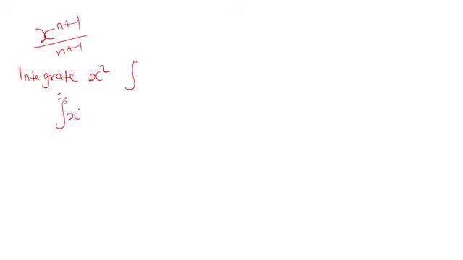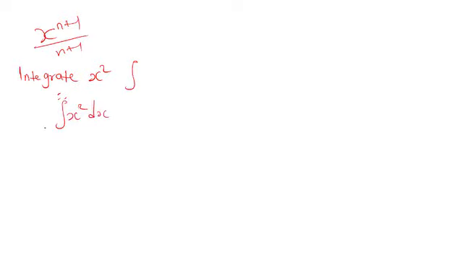So I would like us to apply it. Remember, in integration, the formula still states x raised to power n plus 1 over n plus 1. Now I would like us to integrate x squared. Now the sign for integration is like this. So it's just like integrating x squared dx.